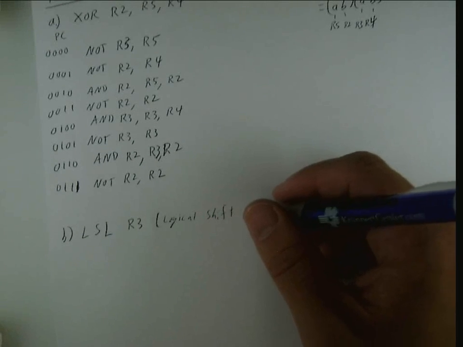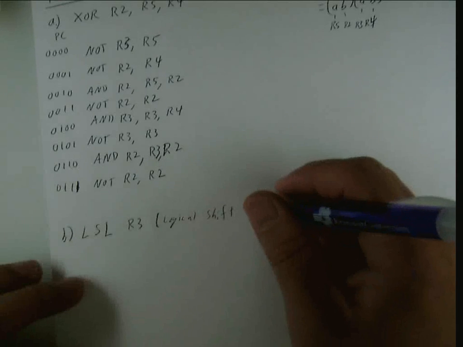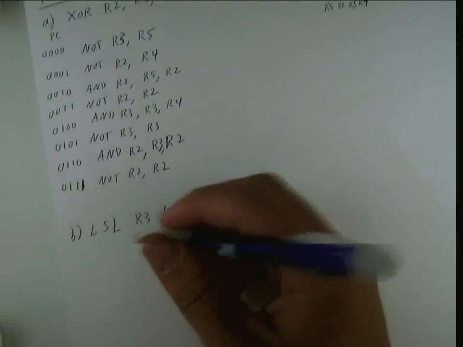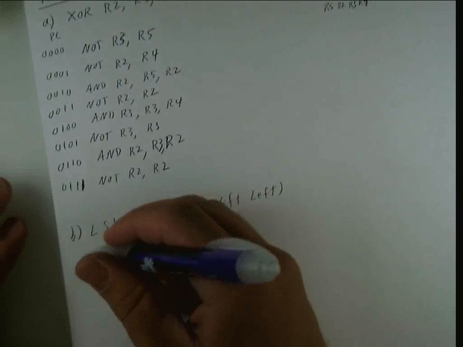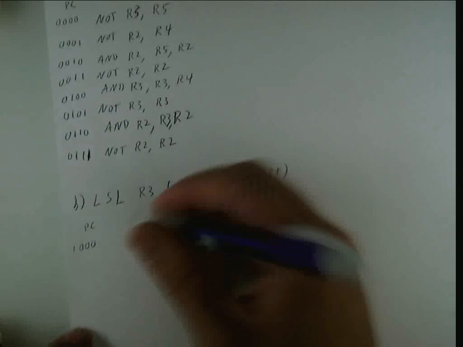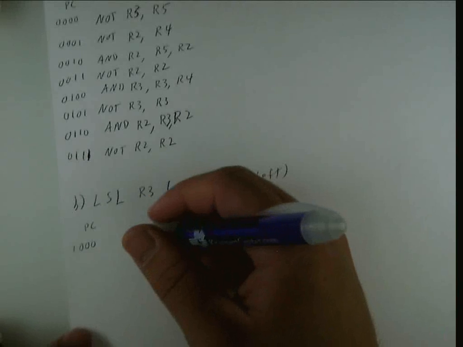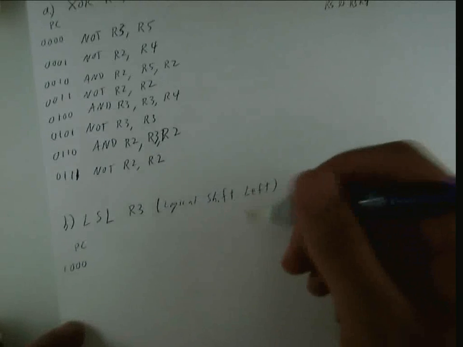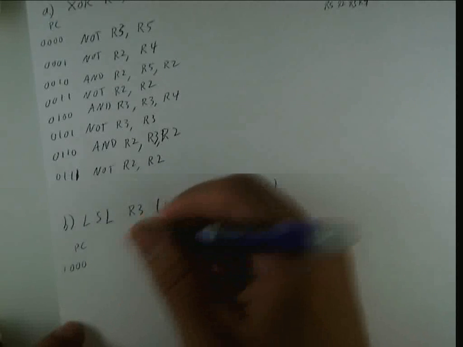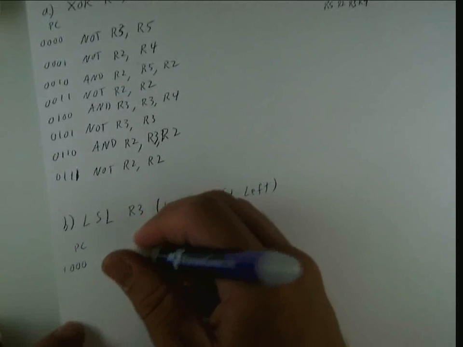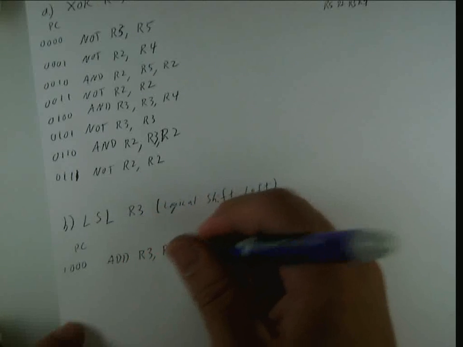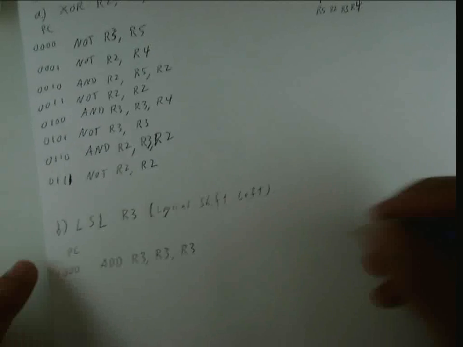And so multiplying by 2 is the same thing as adding with yourself. So if I make my program counter, let's just make this 8 to keep going. For logical shift left, it's exactly the same thing as adding R3 with itself and storing back into R3. So this program is add R3 with R3 and store into R3.